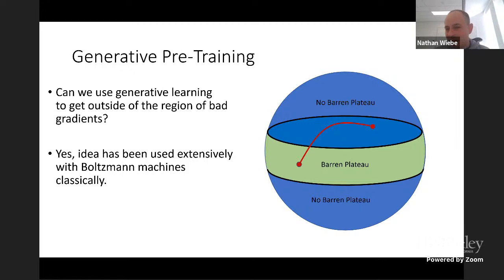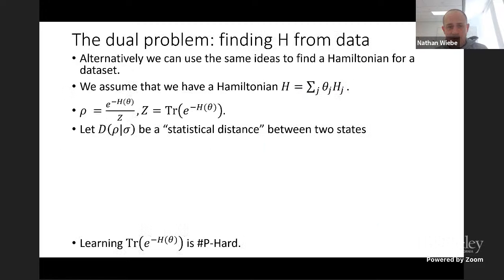And this idea can work quite well. In fact, it was used all the time with training of classical Boltzmann machines because they often suffered from horrible gradient decay problems when looking at discriminative training objectives. And so you would typically begin with a generative phase where you would try to generate the training data, and then finish it off with an ordinary step looking at the average success probability of the classifier.